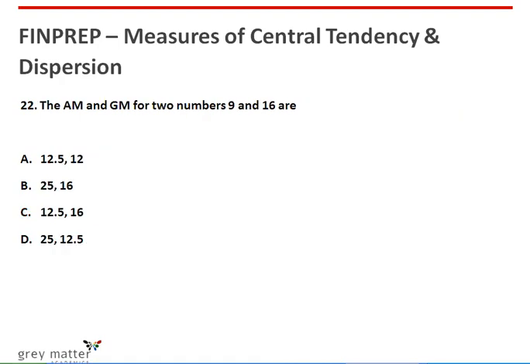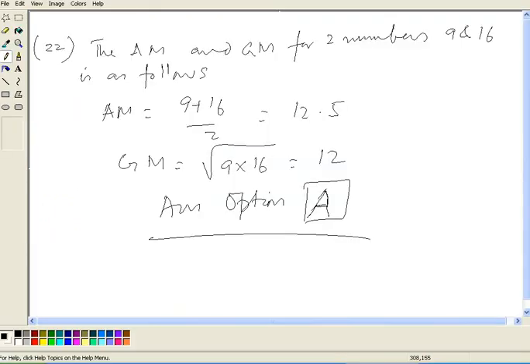22nd problem. The arithmetic mean and geometric mean for two numbers 9 and 16 are. Going to our work area, arithmetic mean is equal to the sum of the two observations, that is 9 plus 16, divided by the number of observations.